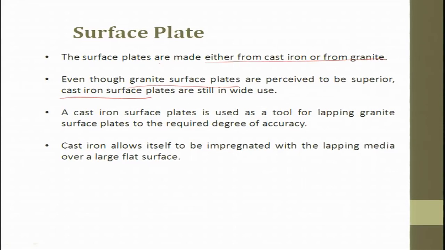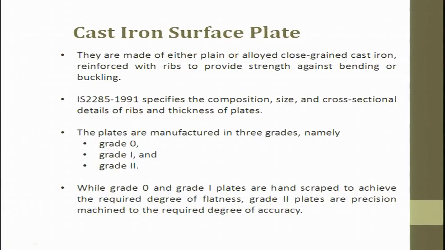The cast iron surface plate is used as a tool for lapping granite surface plates to the required degree of accuracy. Cast iron allows itself to be impregnated with a lapping media over large surface plates. So, we always use these surface plates as a reference plane for measurements.